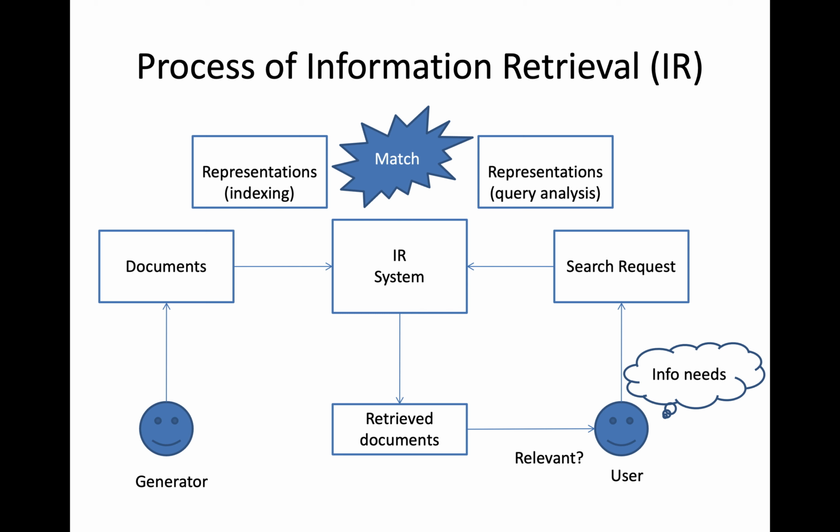And all the documents that it receives will be stored in an index representation, and when the source request is received, it analyzes that source request as a query and tries to match the proper documents. The information retrieval system finds the things that the user is asking for, and based on that match, it retrieves the document and presents it to the user, right?